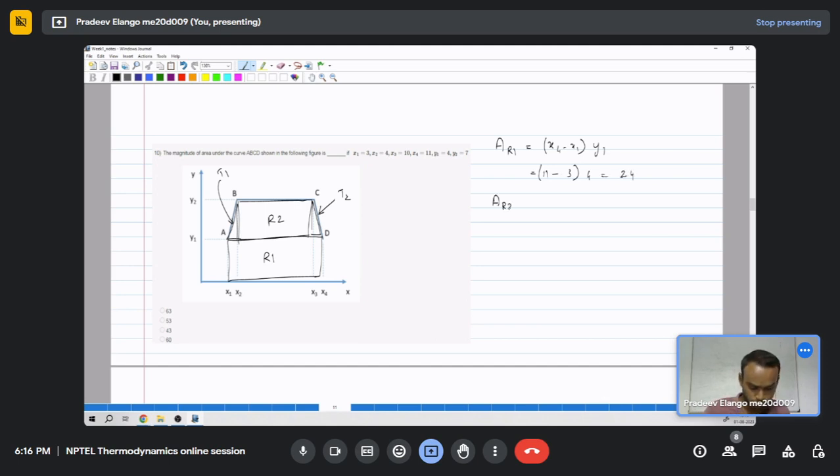Similarly, the area of R2 is x3 minus x2 into y2 minus y1. This is x3 is 10 minus x2 is 4, y2 is 7 minus y1 is 4. So this is 6 into 3. This is 18. Similarly, the area of triangle 1 is half into x2 minus x1 into y2 minus y1.